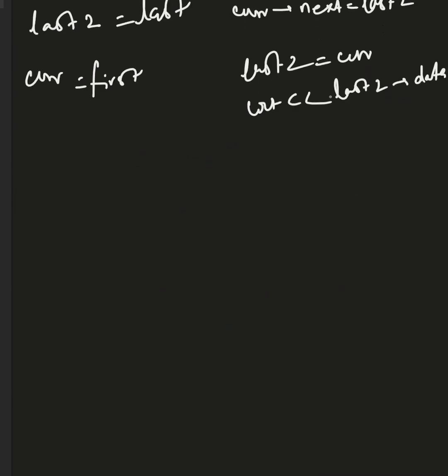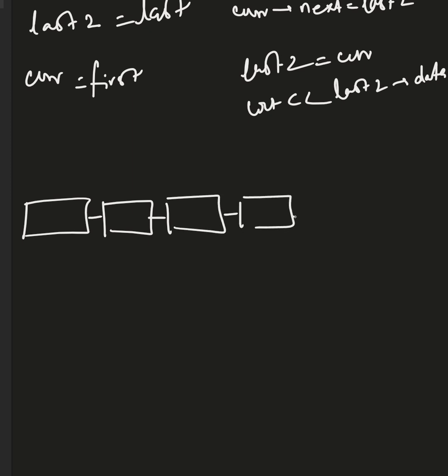But you need to understand one other thing, that we won't just be swapping the first and last pointers. So I'm going to make a linked list here. So I have 1, 2, 3, 4, 5. This is pointing at, wait, let me write the addresses.